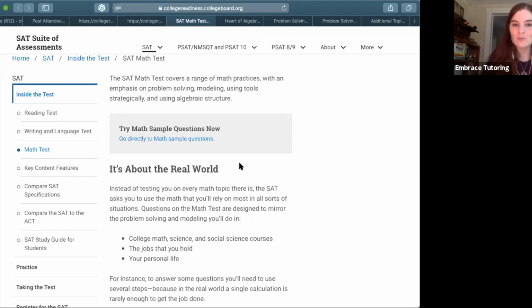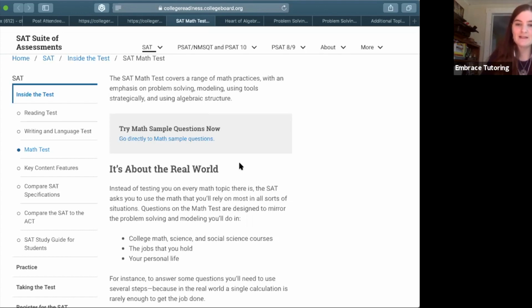So it's dealing with being able to problem solve and model what you'll do, so that other people can follow it, and being able to use and apply math. So it's more applied math than mathematical theory. It's not abstract theory that you're not going to be able to use in a concrete application.